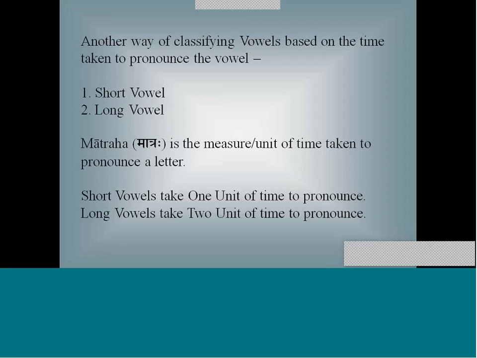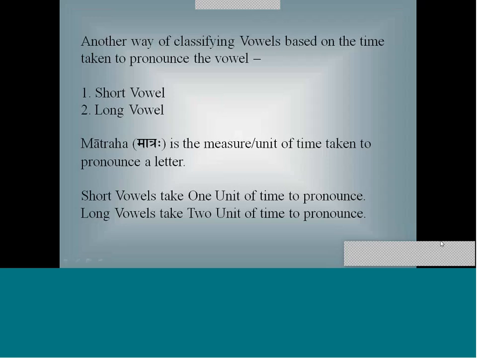So a, i, u, r, l. These 5 are short vowels. And a, i, u, r, e, ai, o, au. These 8 are long vowels.